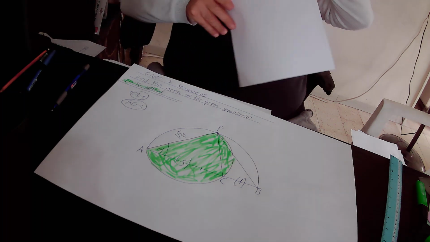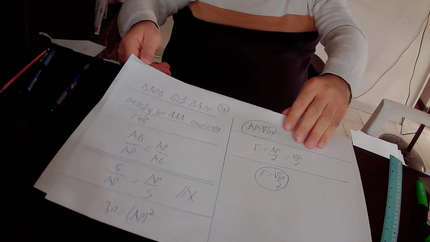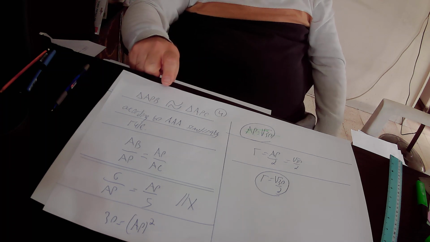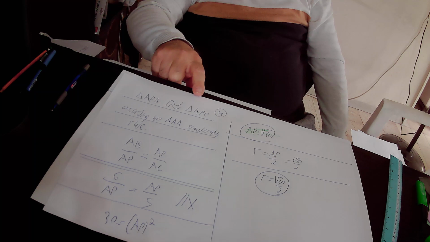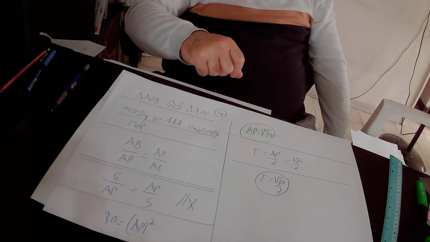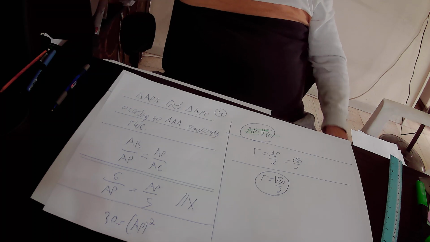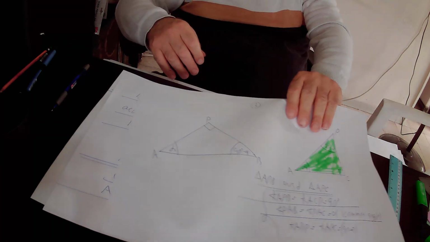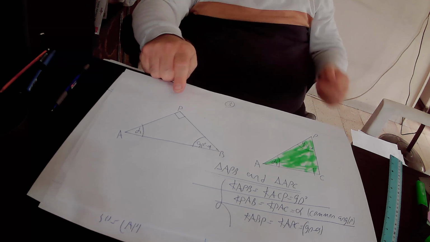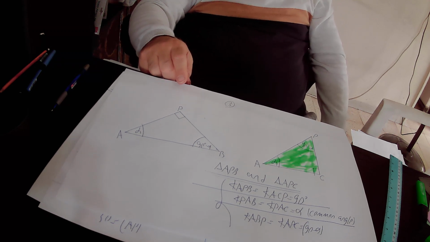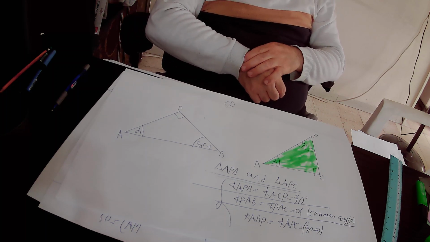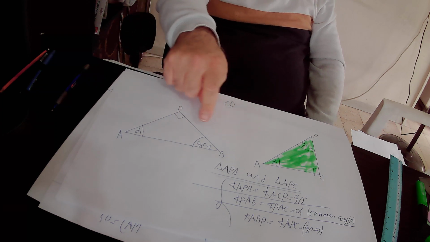Repeat again, I can prove that the right triangle APB is similar to the green triangle APC according to the angle similarity rule. And from the fact that those two right triangles are similar to each other, we derive the following relationship between their sides.